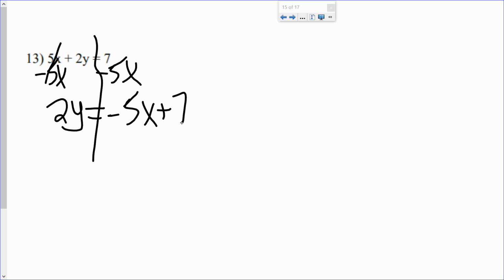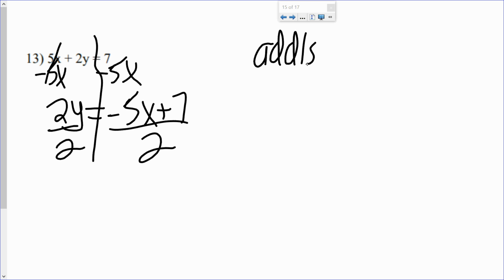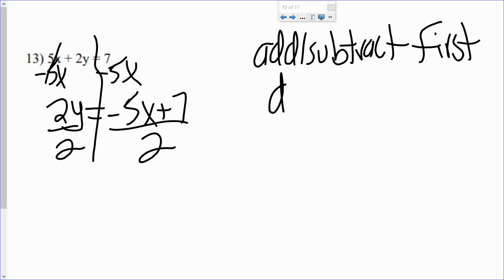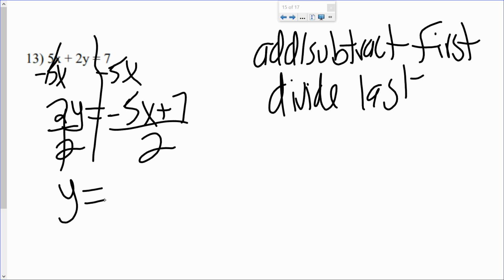Is y by itself yet? No, I divide last. And again, I mentioned it before, we add or subtract first, divide last, and that's how you've been isolating going back to 7th grade. If it doesn't divide nicely, leave it as a fraction.